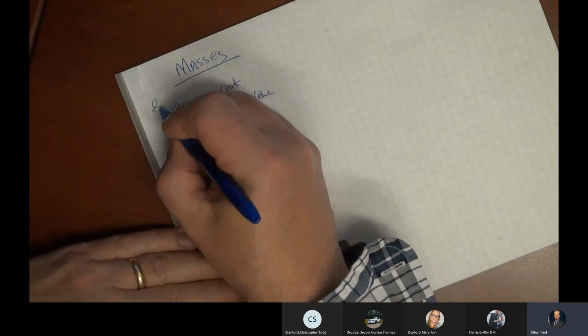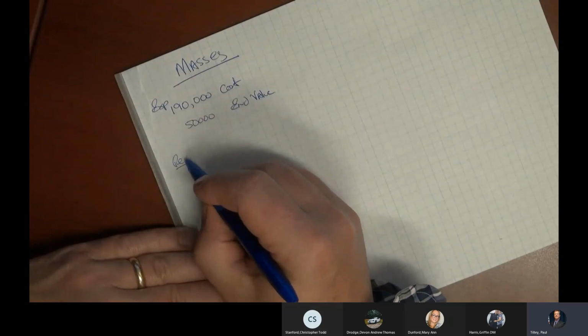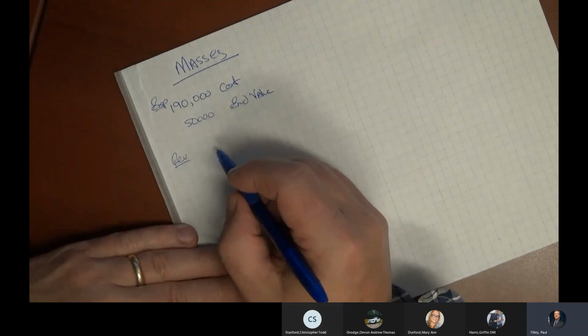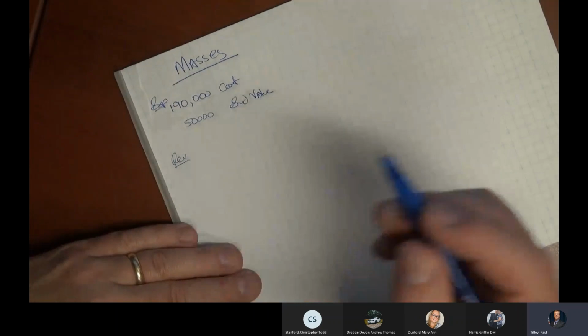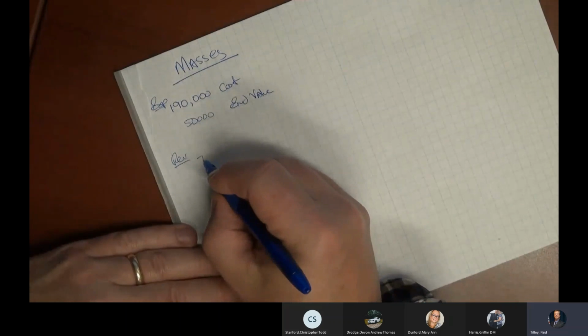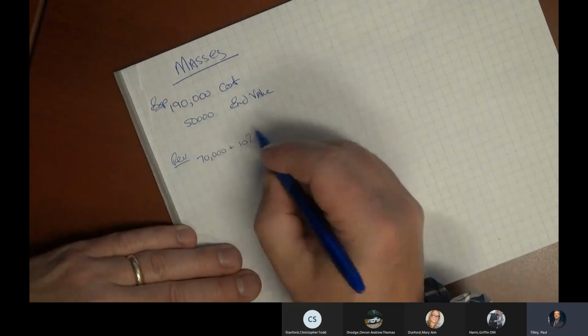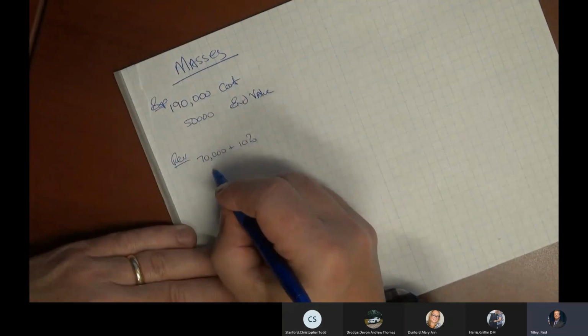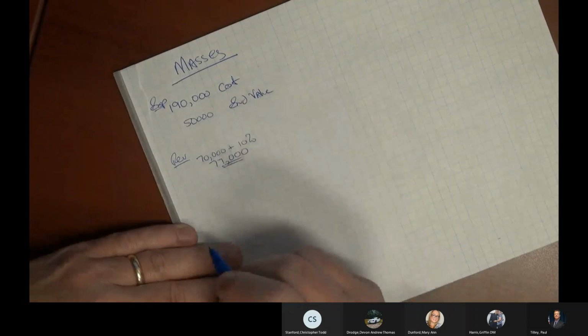So this is their expenses and revenue. Its revenue, I should say, not profit, will be 10% higher than the other tractor. So it's 70,000 for the other tractor plus 10%, which comes to $77,000.